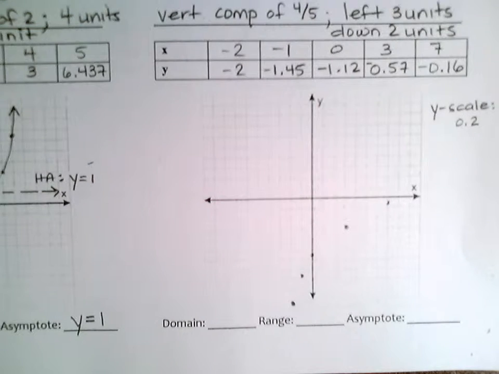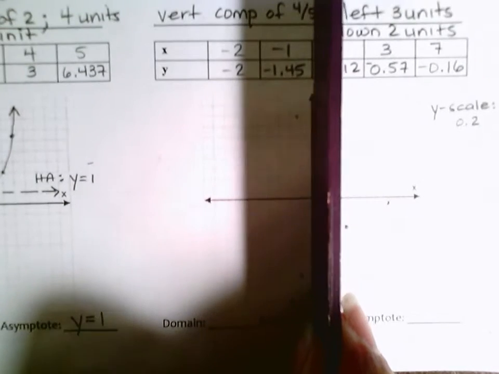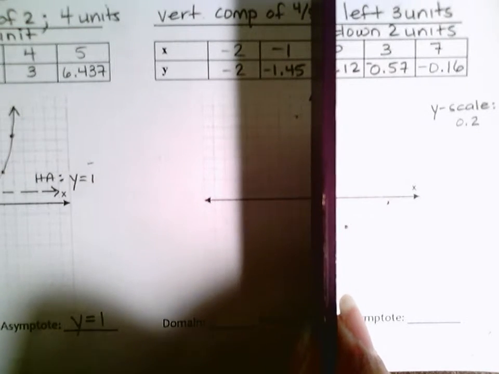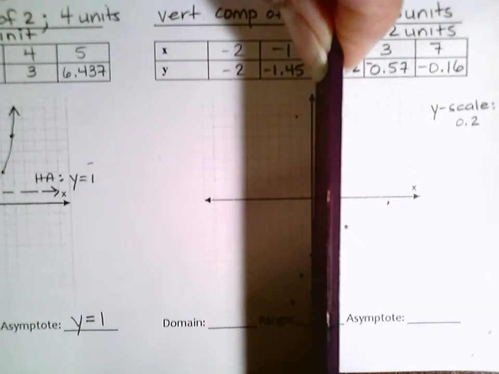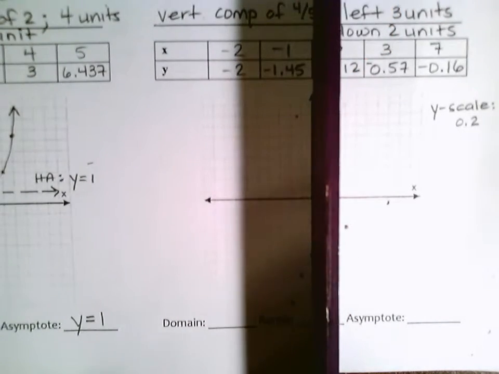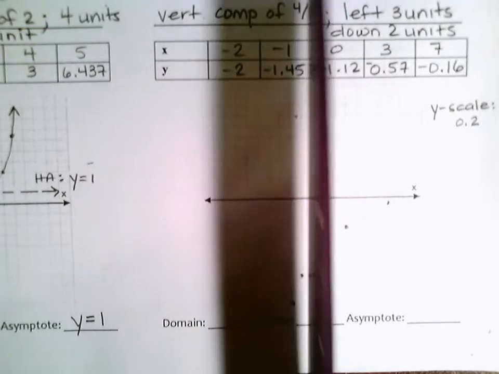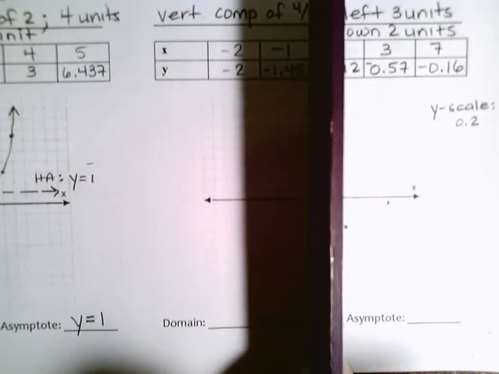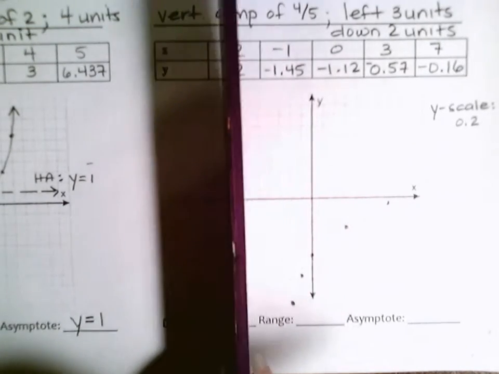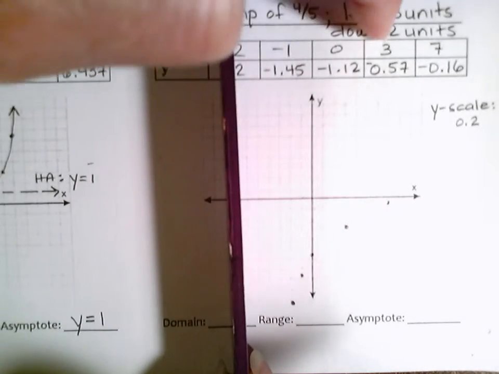But before graphing that, I always tell students, please don't draw the curve until you do the asymptote first. I know the asymptote of the parent function was this one right here. Okay, this purple ruler has to move based on what it said. Okay, so it said to move left 3 units, so this has to move left 1, 2, 3 units. Then it says go down 2 units.